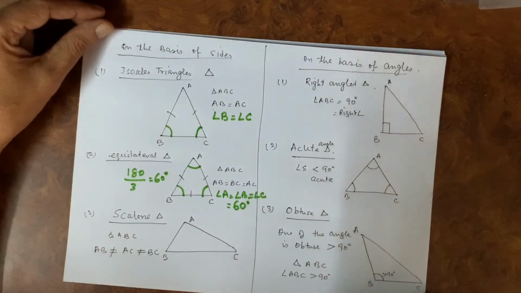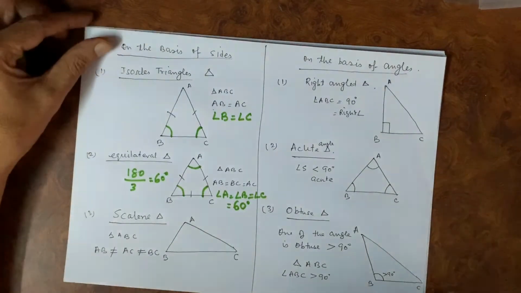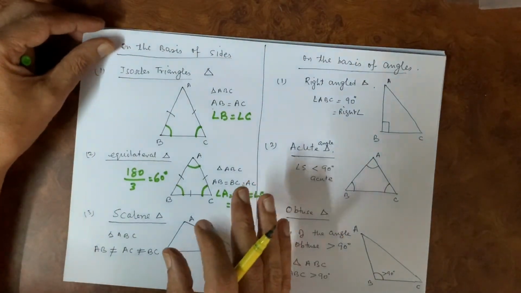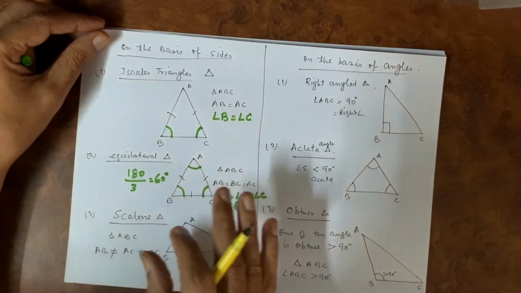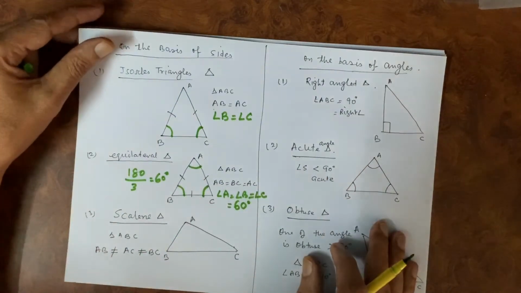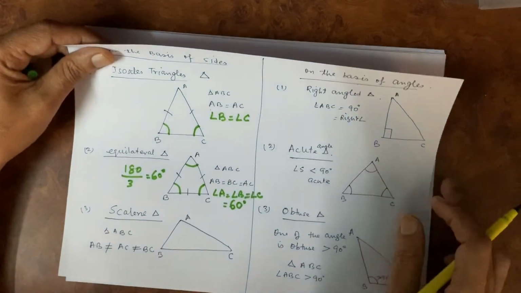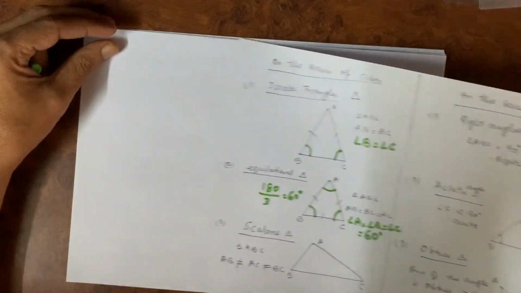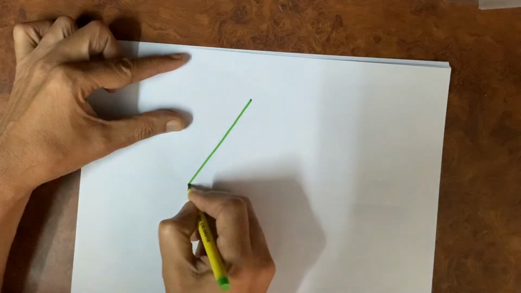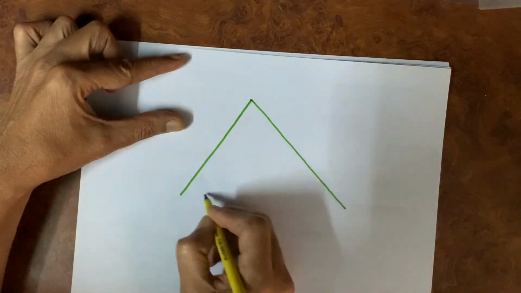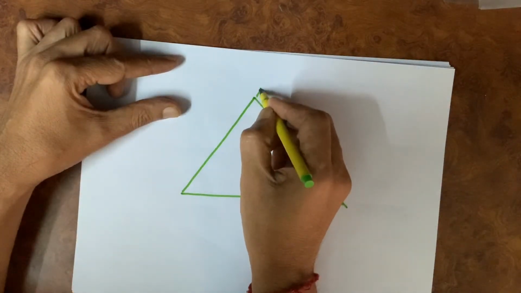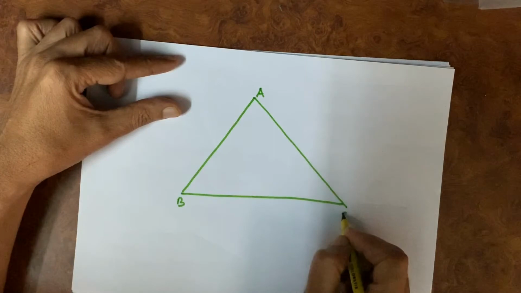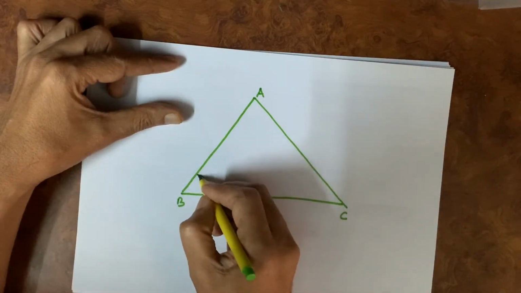Now we have studied the types of triangles on the basis of sides and on the basis of angles. Now we will study what are the angles in a triangle. See, this is a triangle ABC. There are three angles in a triangle.